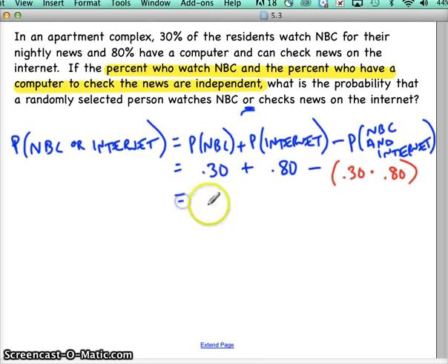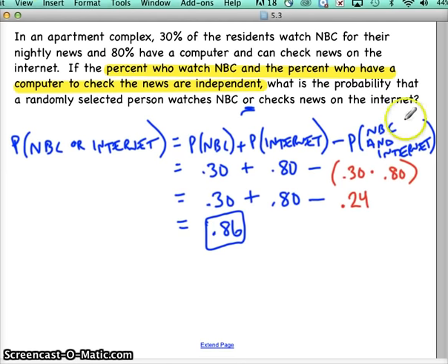Okay, so we would have 0.30 plus 0.80 minus our overlap, which would be 0.24, and our final answer would be 0.86. Again, we could only do this step because we knew they were independent. That's the only reason we could multiply the two together.